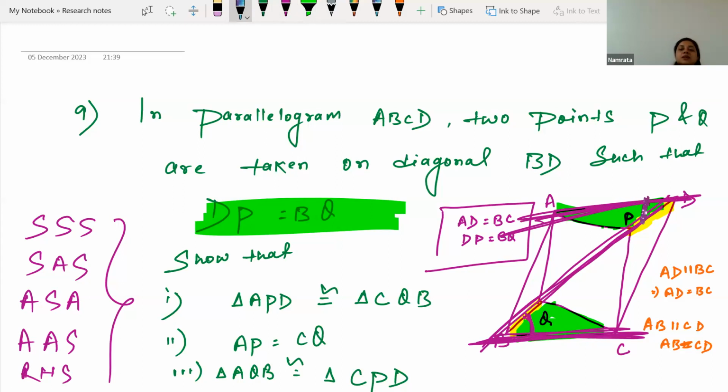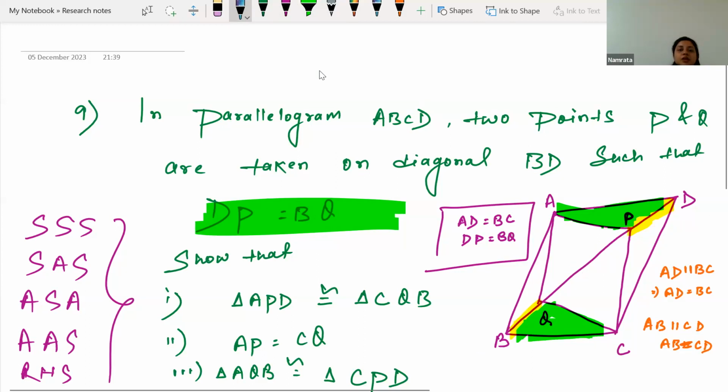So we are going to write it over here that angle QBC is equal to angle ADP.